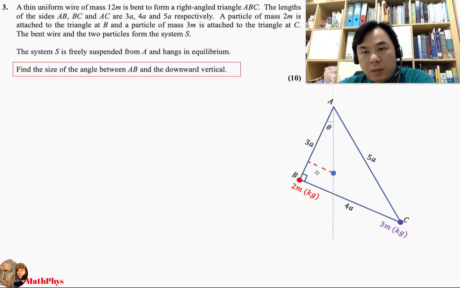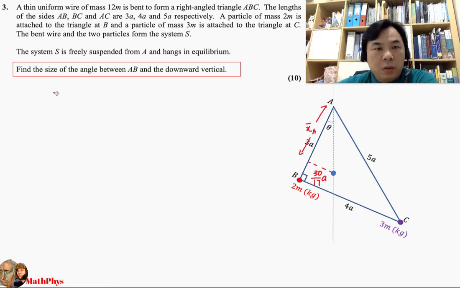This is the same as 30 over 17a, and the distance of the center of mass from A, which we have already worked out, whereby the x bar, or you can use y bar, doesn't matter in this case, is actually 39 over 17a.